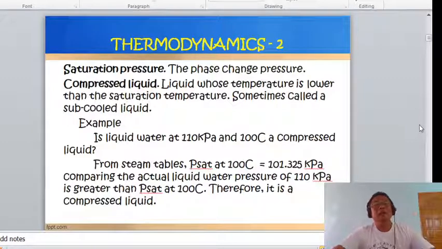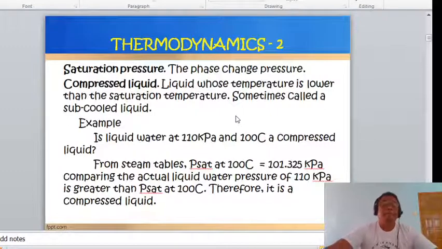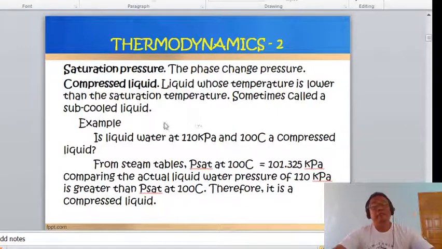Another is the compressed liquid. This is liquid whose temperature is lower than the saturation temperature, sometimes called subcooled liquid. Take note class of the term compressed liquid. Later we will consider the diagram in order for you to locate the term used.